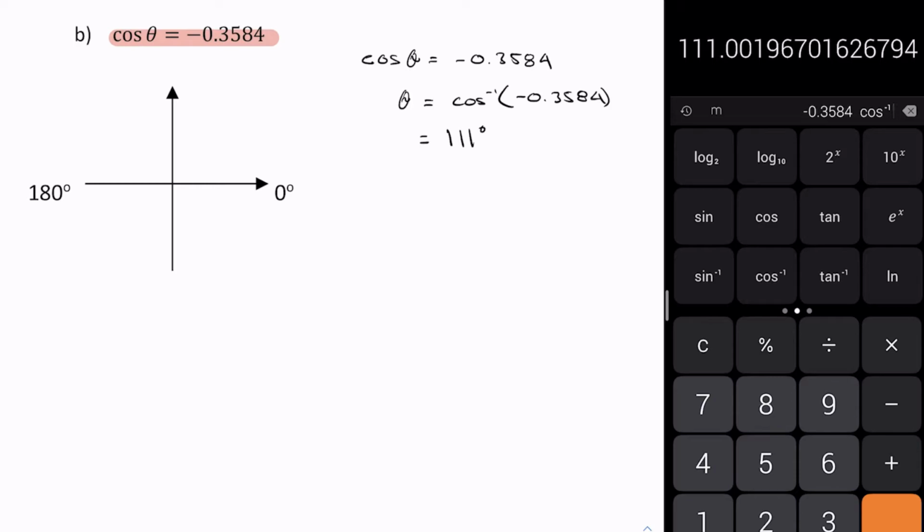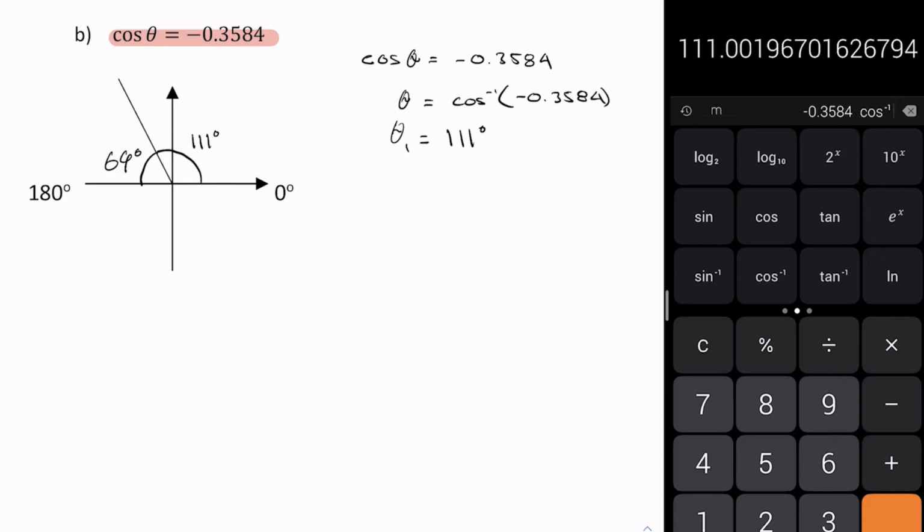So that's theta 1, 111 degrees, roughly out here. From here to here, that's 111 degrees, which means my reference angle will be what? 69 degrees.